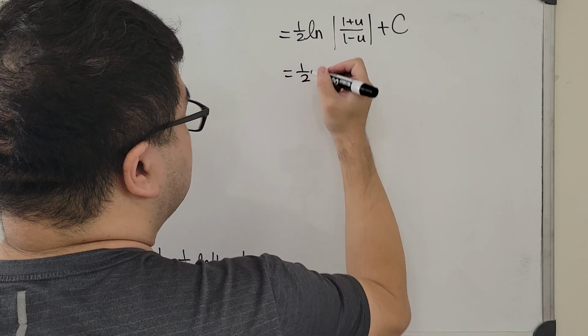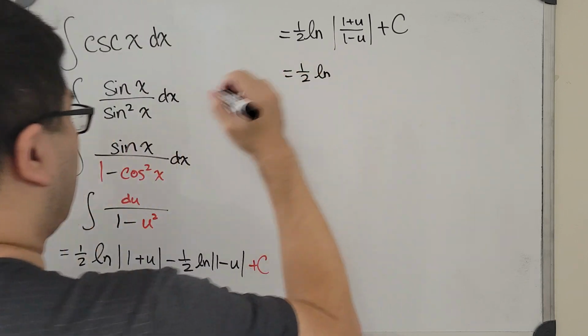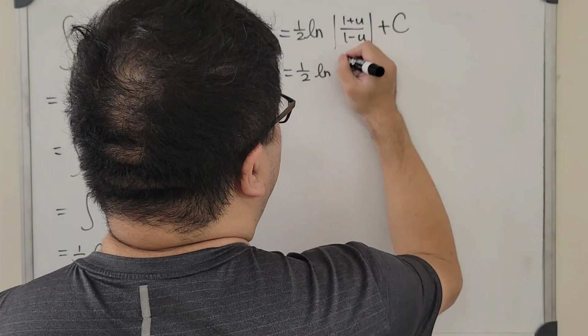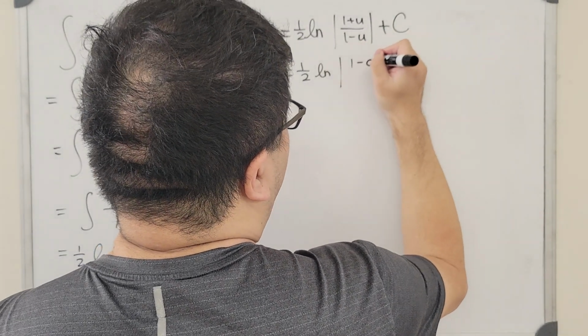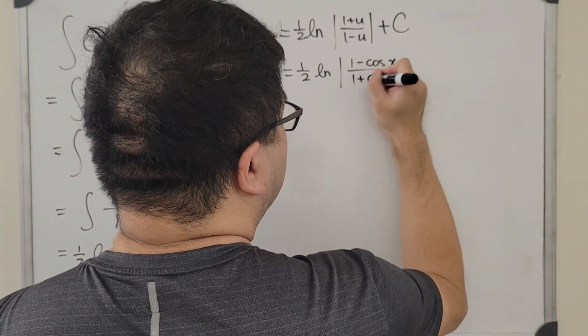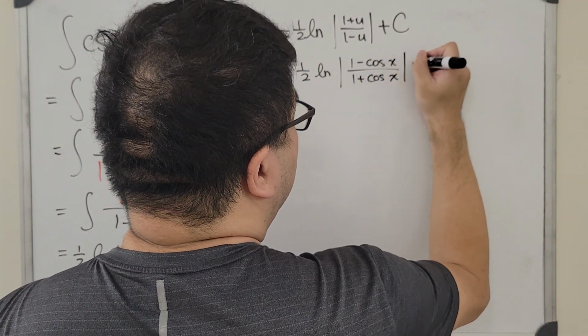And now substitute back what u is. We say that u is negative cosine. So now we get 1 minus cosine of x over 1 plus cosine of x plus c.